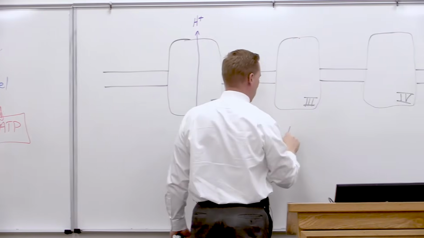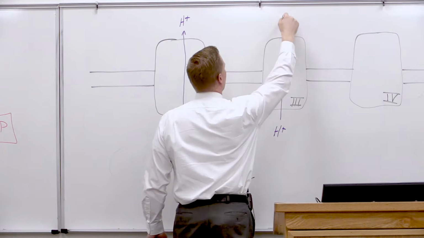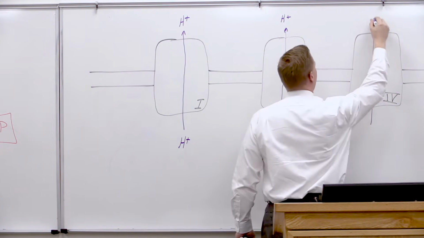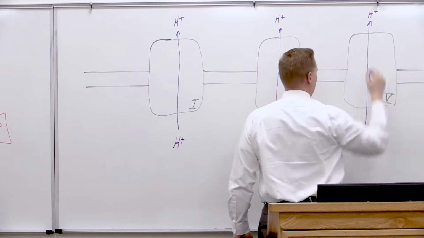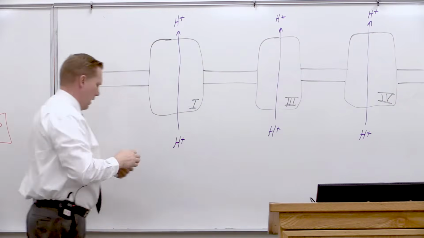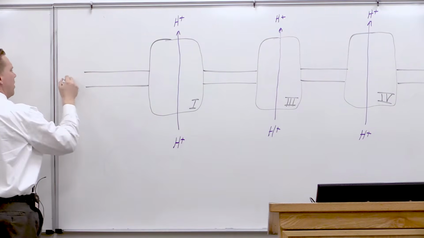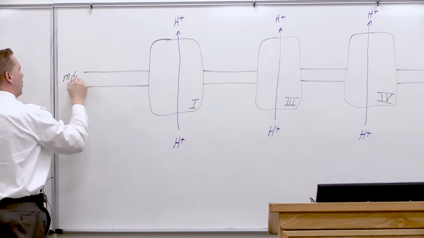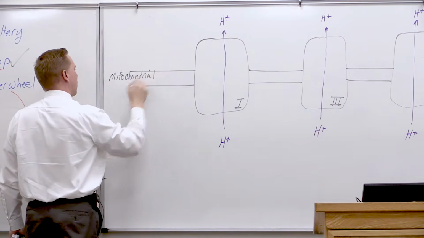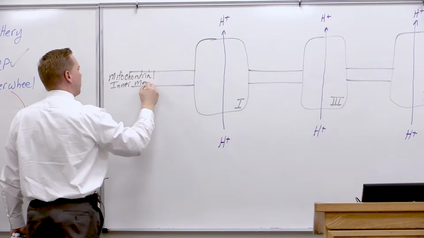So let's go ahead and put each one of those pumping those hydrogen ions. And let's go ahead and label. So which membrane is this? This is the mitochondrial inner membrane.